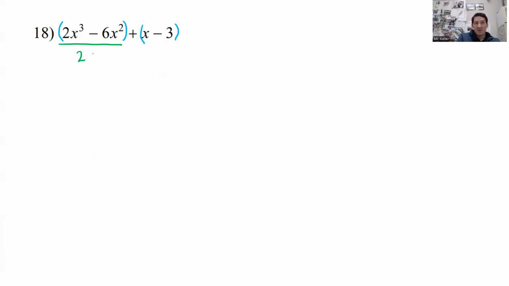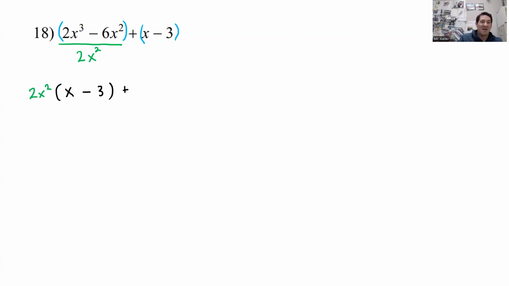And with the variables, you can always divide by the variable with the smallest exponent, so 2x squared. So the factor from that first grouping is going to be 2x squared. Left in the parentheses, 2x cubed divided by 2x squared is 1x, minus 6 divided by 2 is 3. The x squareds cancel out. So 2x squared times (x minus 3), plus x minus 3.